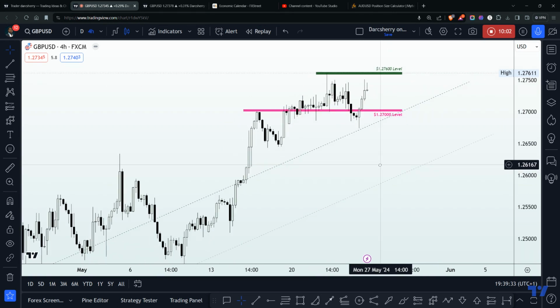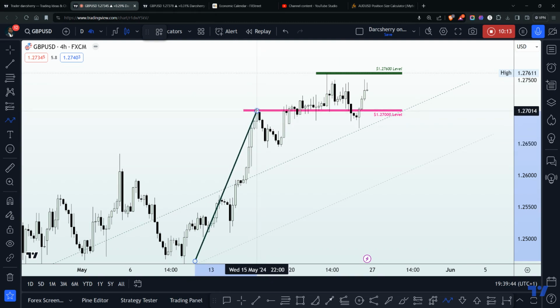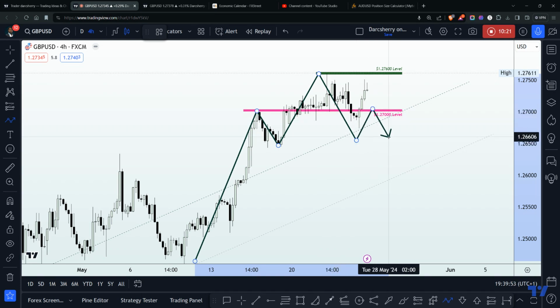Now, are we going to see a reversal setup emerge from this area to incite a sell off? As I'm beginning to see something that looks like a head and shoulder pattern, where we have the left shoulder, the head, and then we are yet to have the right shoulder emerge to incite a sell off here.